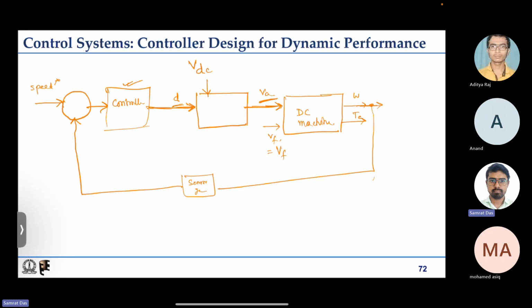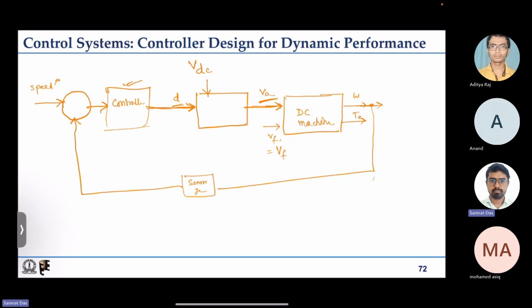We will investigate the non-idealities, the things we have not considered during our controller design, which may cause this. We will incorporate them and redesign our controller, so that whatever controller parameters we design, the same thing will work, because we have modeled our system reasonably well.